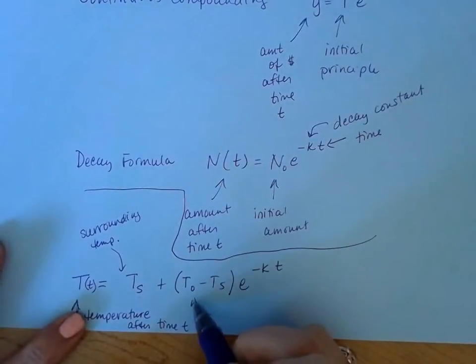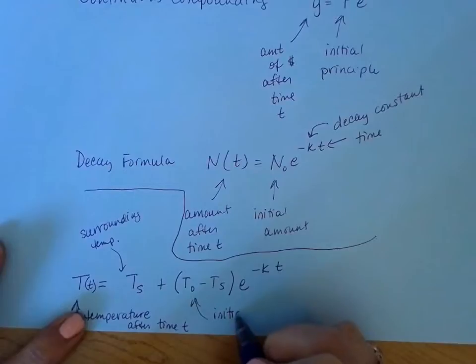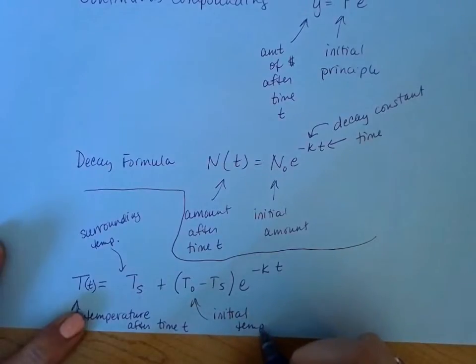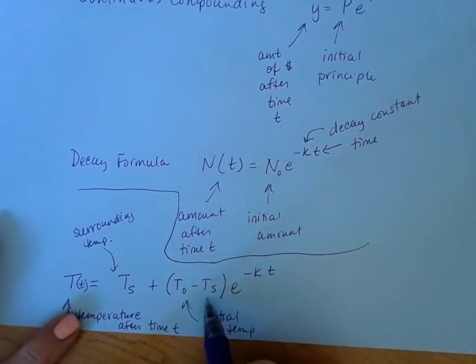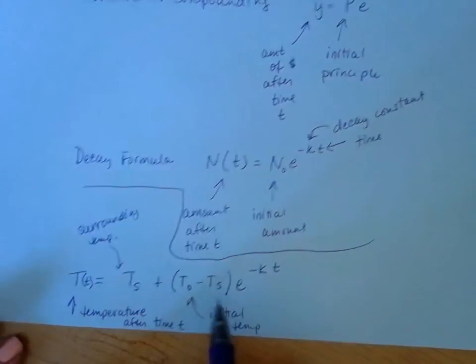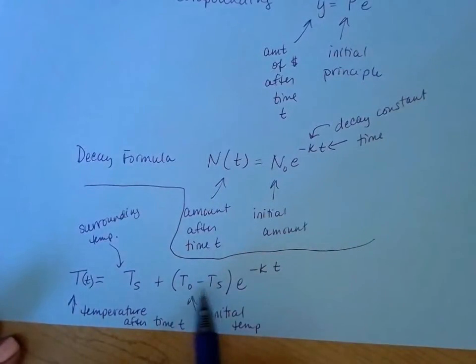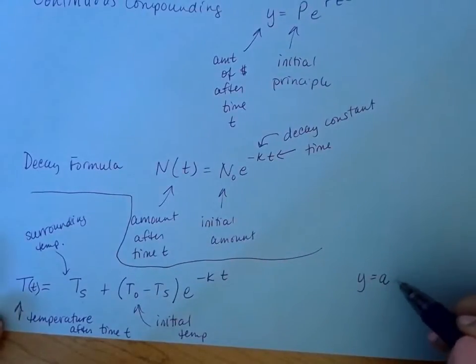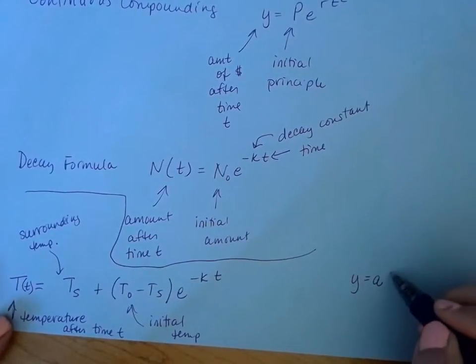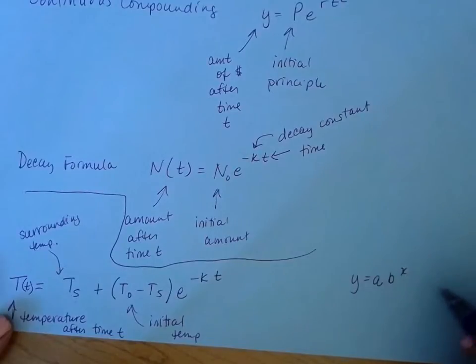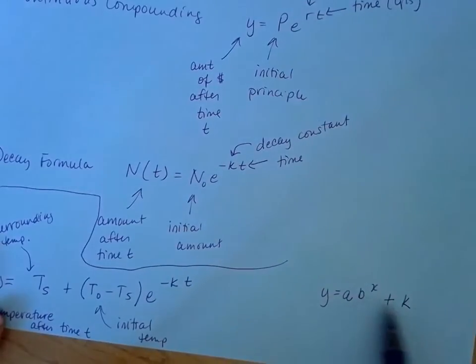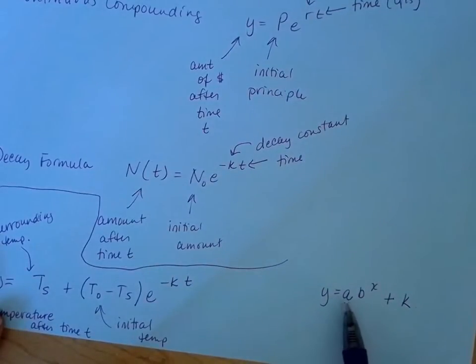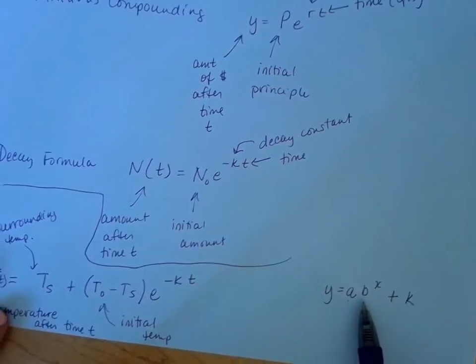Now, T sub 0 is your initial temperature, so it'd be the temperature of your coffee, for example. And then, of course, T sub S, again, is just going to be your surrounding temperature. So this value represents pretty much your A in your A times B to the X equation. And then, of course, you have your plus K here. So you can relate it back to this. A would be the differential between the temperature of the substance and the surrounding temperature.